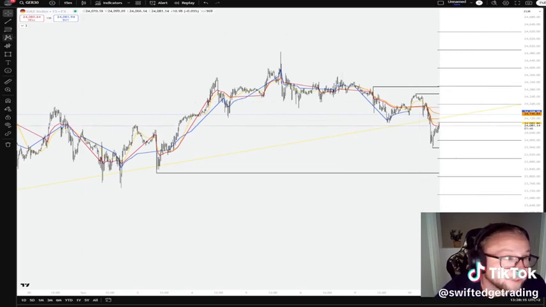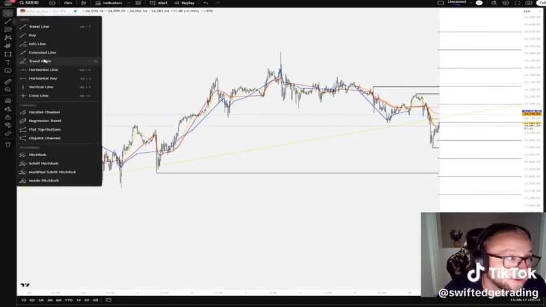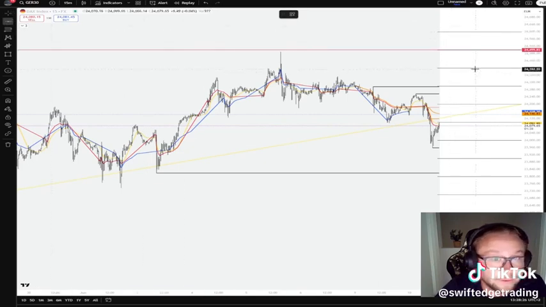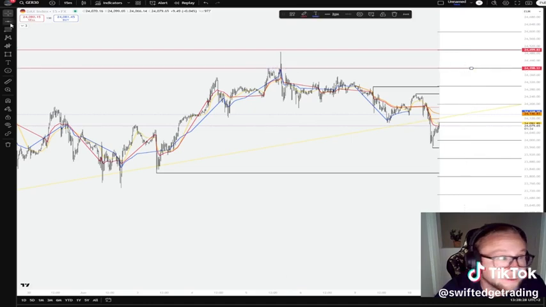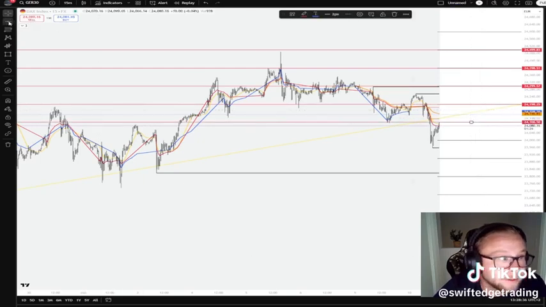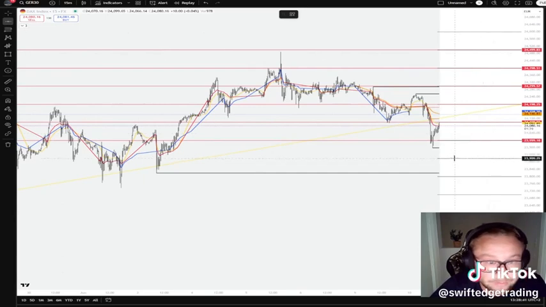But we're gonna draw up all the lines, only the ones that we know has been touched before, because I'm gonna turn off everything after that, so we get a clean chart to look at.